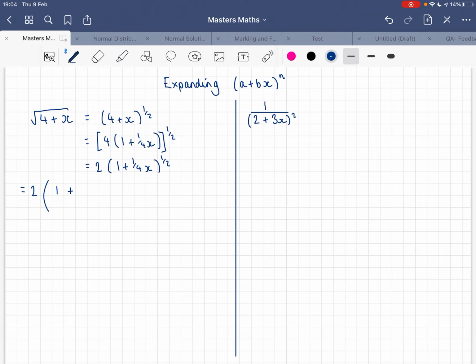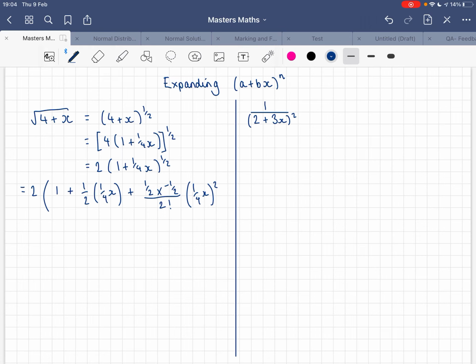But doing the expansion, we end up with 1 plus, using the choose formula, a half multiplied by a quarter x. Then we have a half times minus a half over 2 factorial multiplied by a quarter x, all squared. Remember to square the quarter as well. I didn't write out how many terms we're doing.